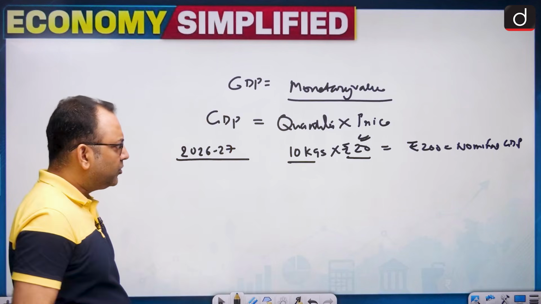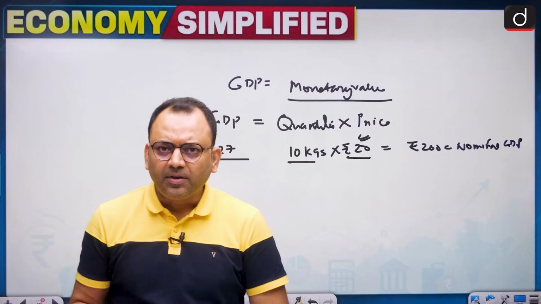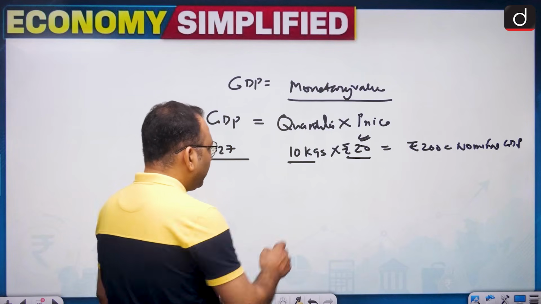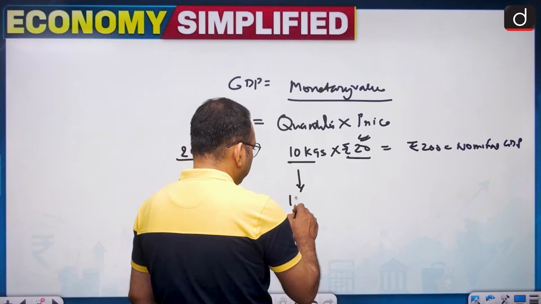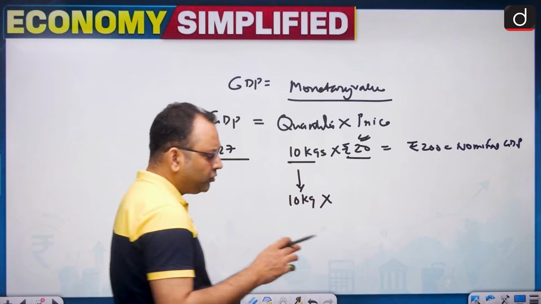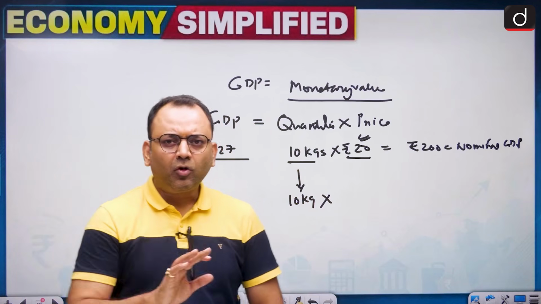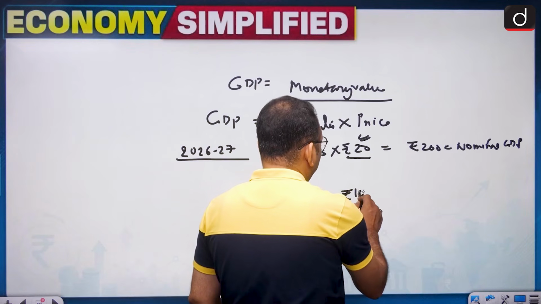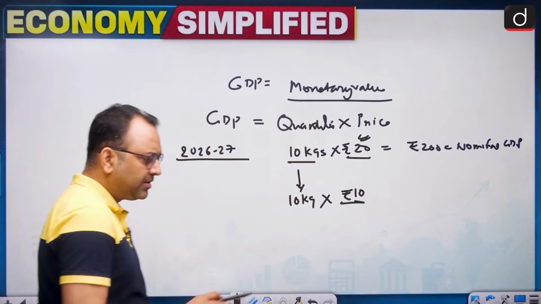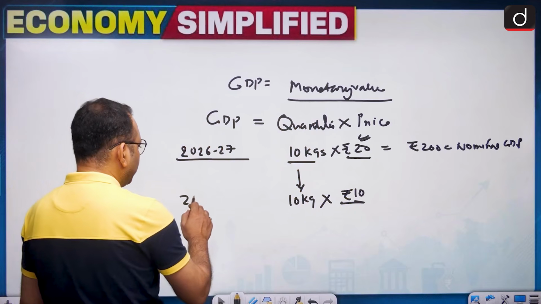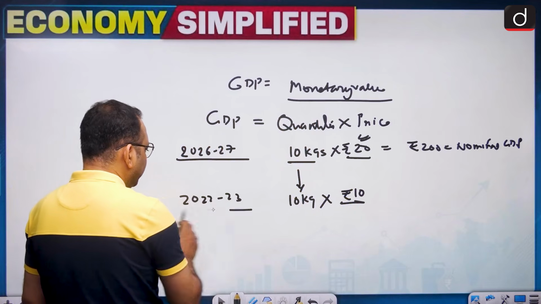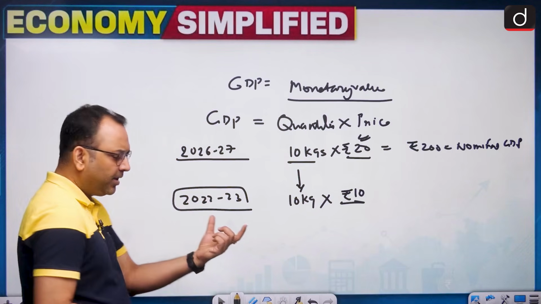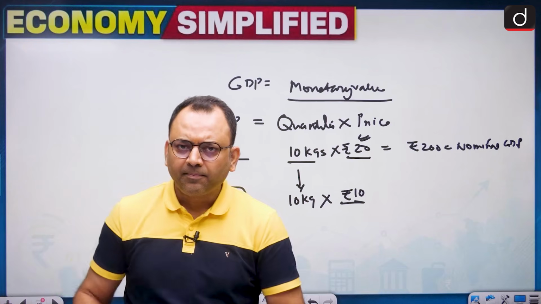And that is why we also measure a concept called the real GDP. The real GDP is the real value of the production. Suppose we keep the quantity the same, and we assume that the price of this wheat should not be rupees 20, it should be, say, rupees 10. And this rupees 10 is the price of a year, say 2022-23, where we see this is the optimum price, and this year is called a base year, which is used as a reference year.